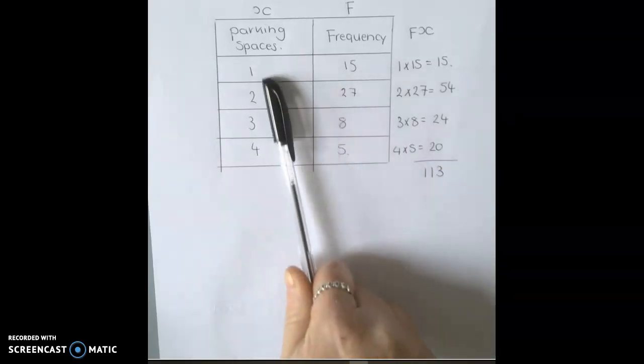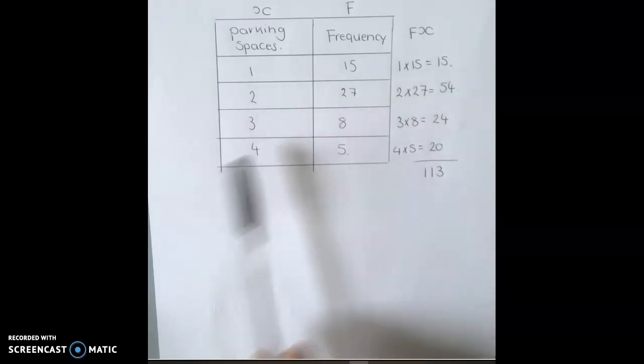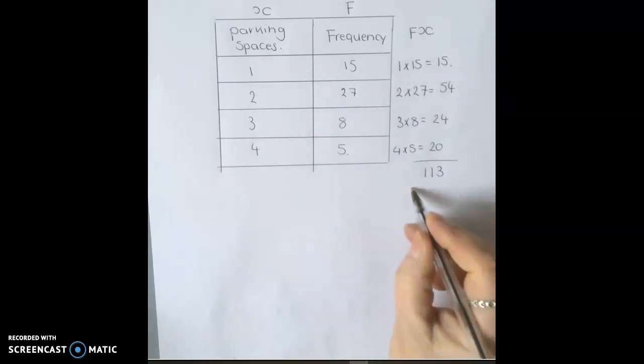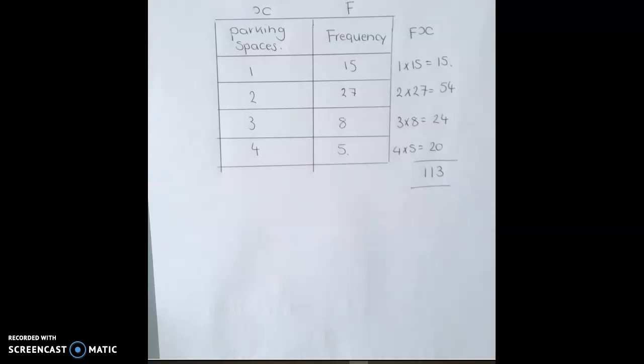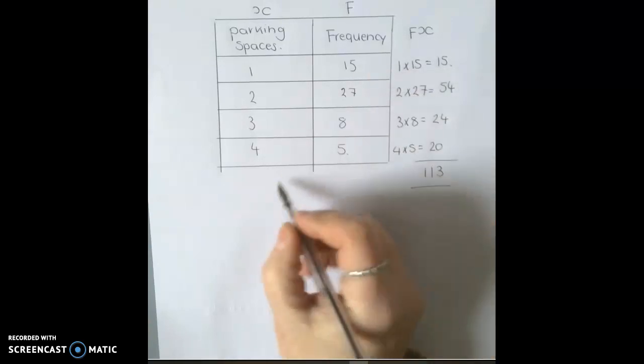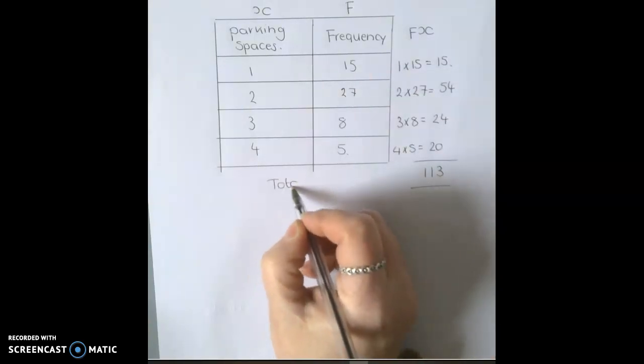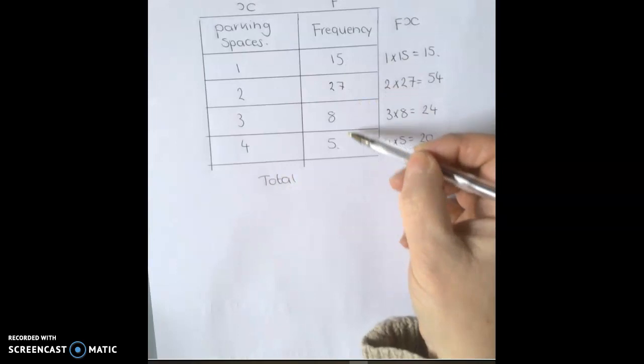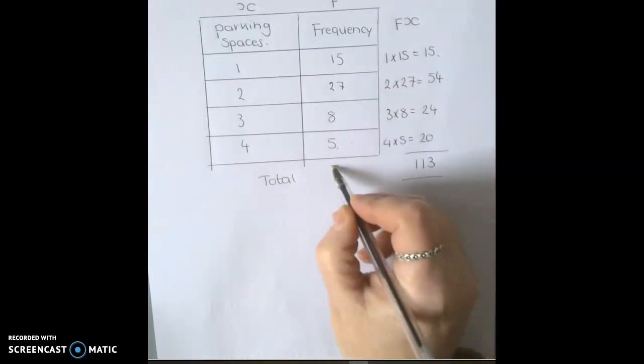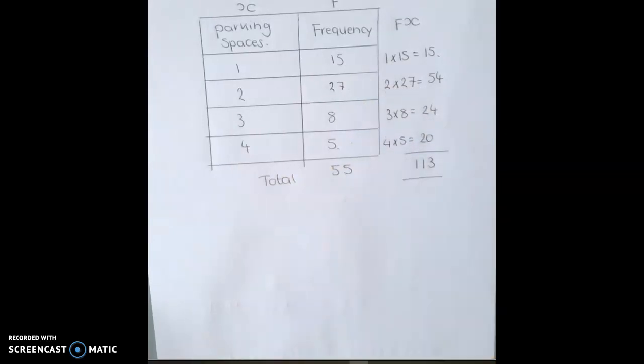So if we listed out all our numbers and added them together, we would get a total of 113. And now we need to know how many values were in our data set, so how many numbers are in our list. So we add the frequencies together, and we get 55.